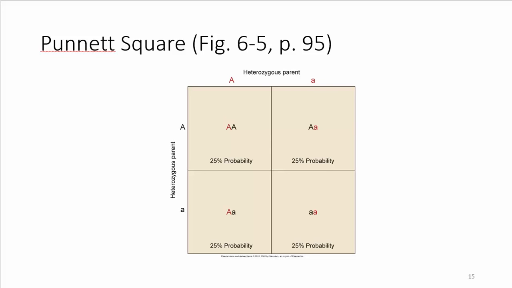The probability that one of their children will be a carrier is 50%, and the probability that one of their children has autosomal recessive polycystic kidney disease is 25%.